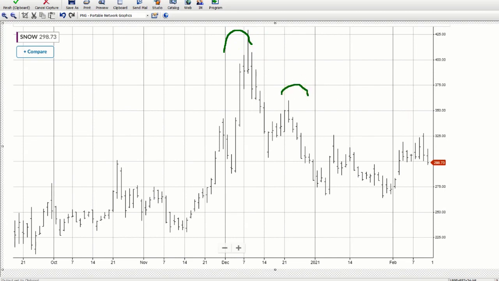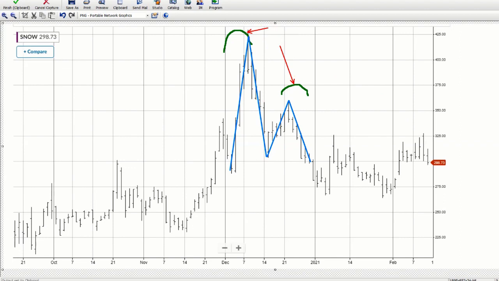Now, double top is exactly what it sounds like. You have a thrust to one high, you back off, you retest, and then when you come back down, you have this M top. Now, this is an asymmetric looking top where the one peak is much higher than the other, but when you look at this, this is very distinct M pattern or double top price pattern.